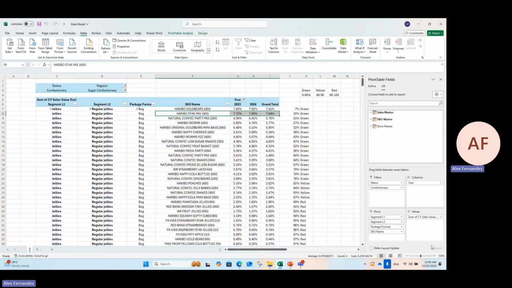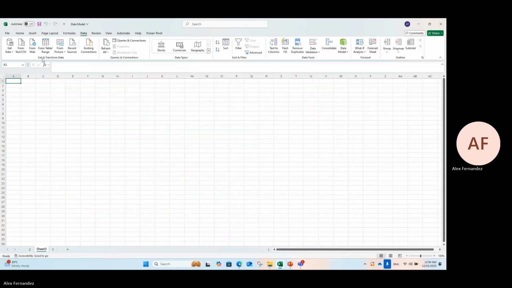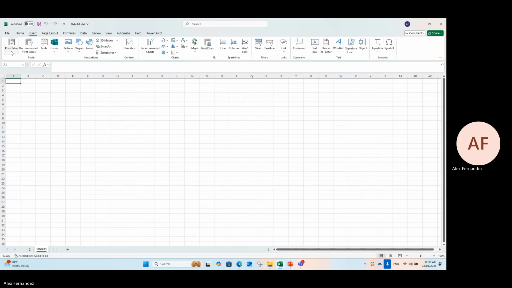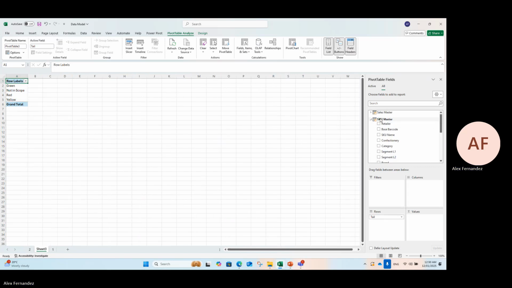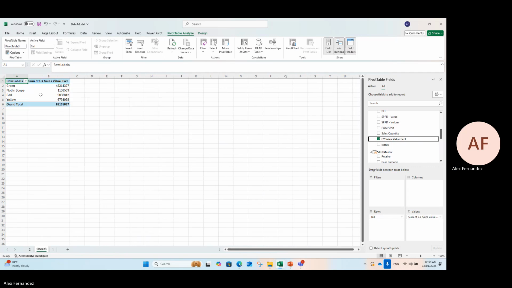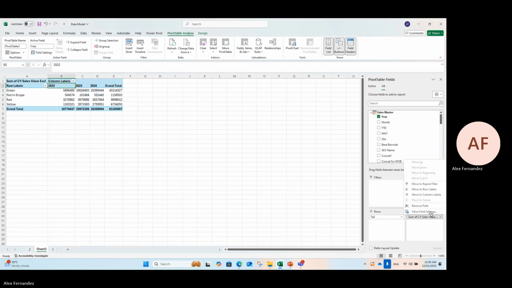After refreshing the SKU file, open a new tab. And this time we go to the SKU master and go to tail. And then we enter the sales value. So we put the years.